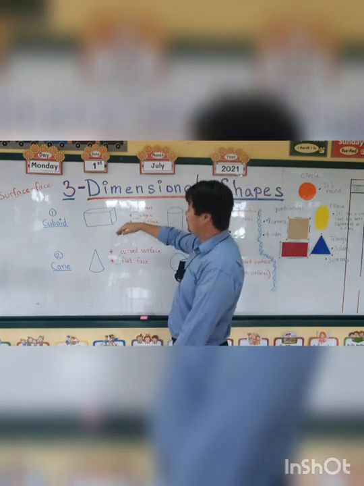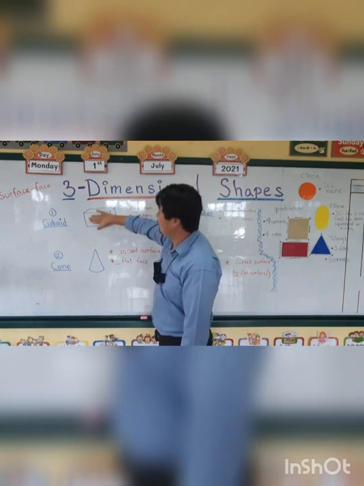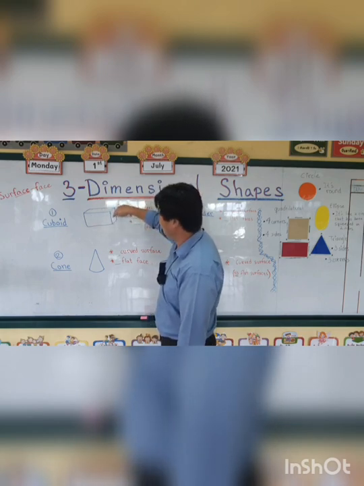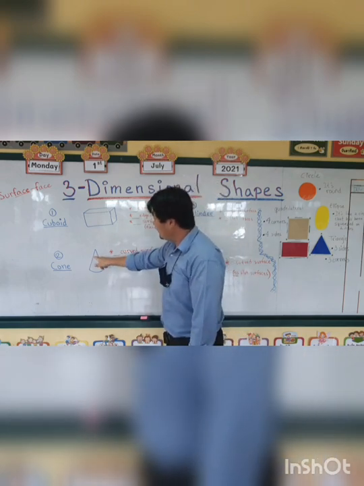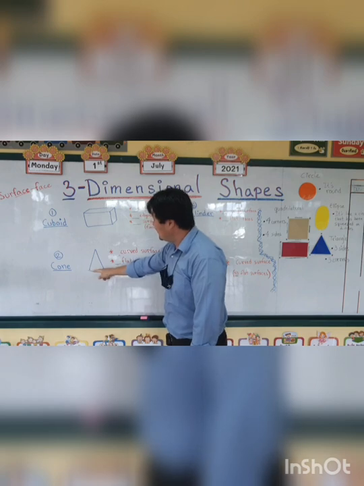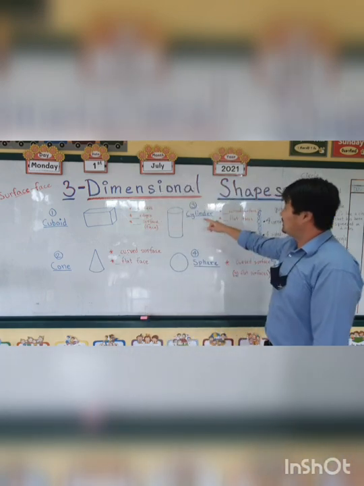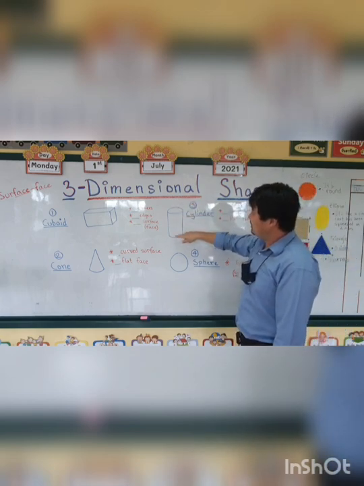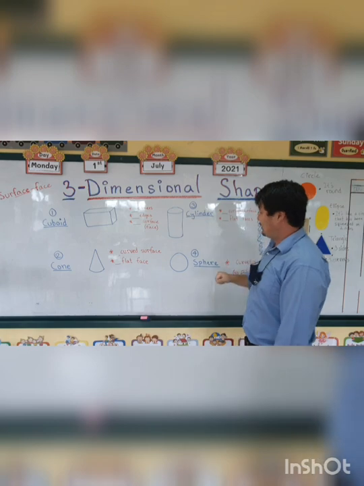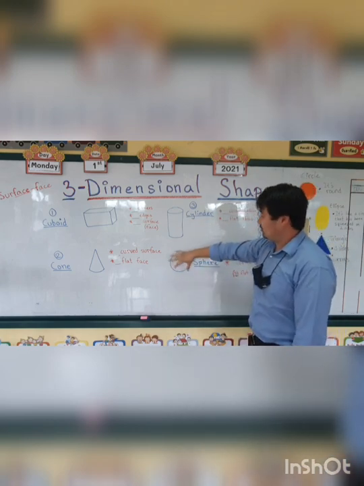So a surface or face is this side, this part of a cuboid. On a cone, a surface could be this part and it could be the bottom part as well. And on a cylinder, it could be this part, it could be that part, and it could be this part. And on a sphere, it could be the part all around.